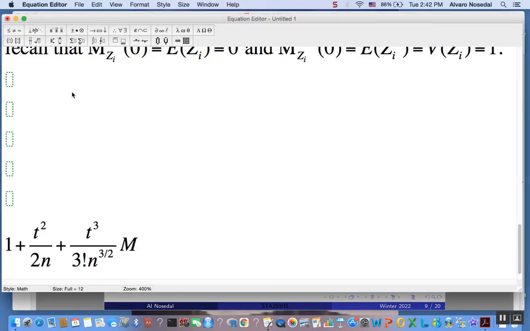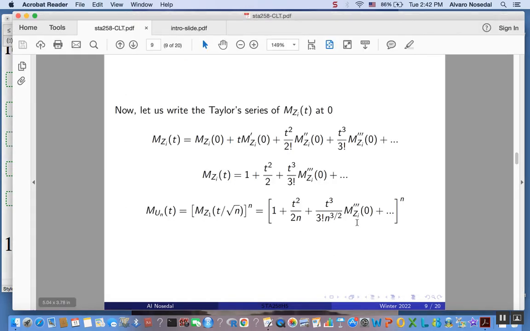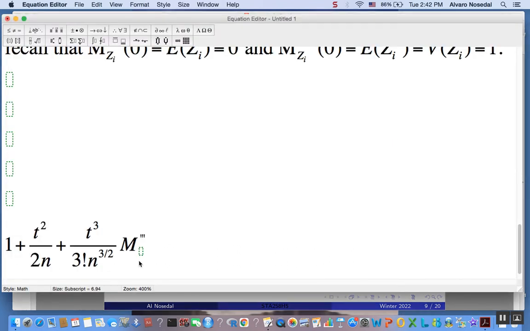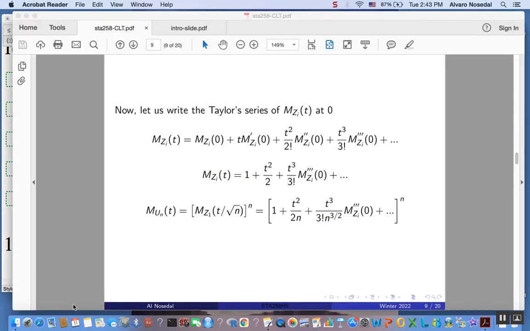So MGF triple derivative of its Zi, right? Evaluated at 0. And so on.